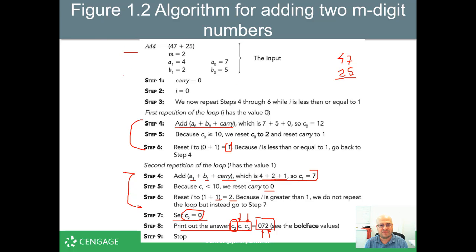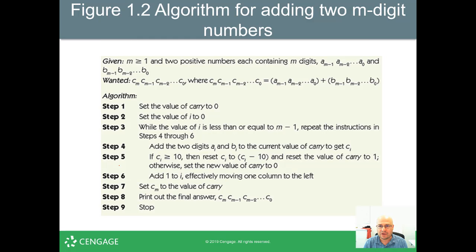So this is an algorithm. It's just a very organized way of solving a problem so that a computer can solve the problem automatically. Automatically means somebody programmed the computer to do the job. All right. So this is the same algorithm that we did, written in a cleaner way.